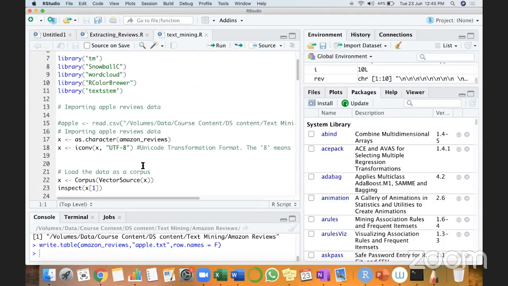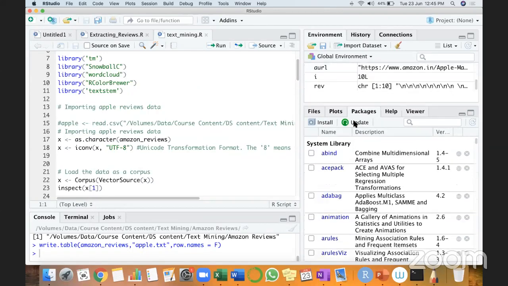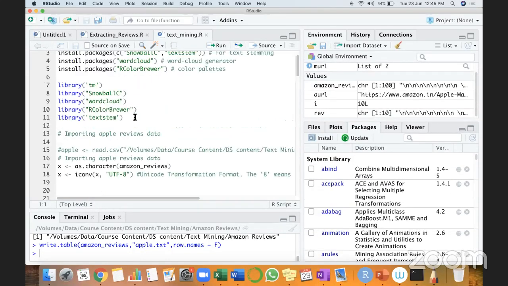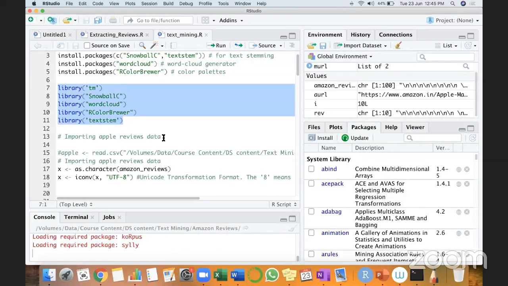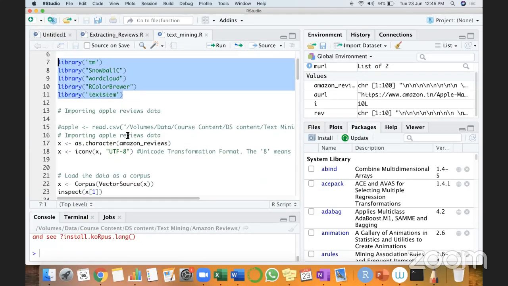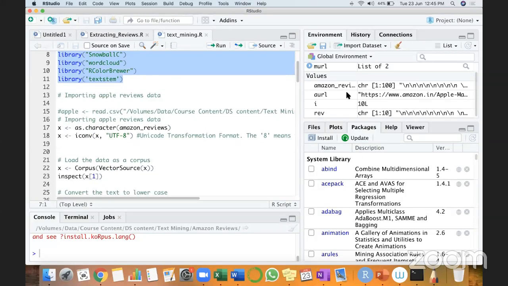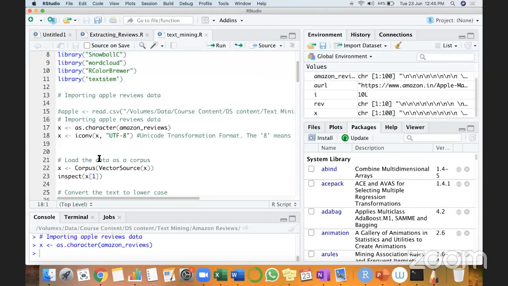Now we are going to apply all the steps that we have discussed so far. So we need these libraries: text mining, Snowball, Word Cloud, all of them. So what are the reviews that we have extracted? We are going to convert them into character. Then apply the UTF-8 transformation, because when you scrape data from websites, it comes with various symbols, and R does not understand all of those symbols.